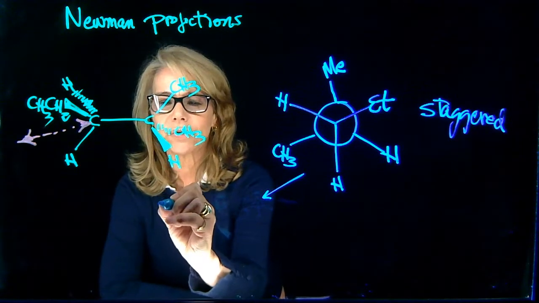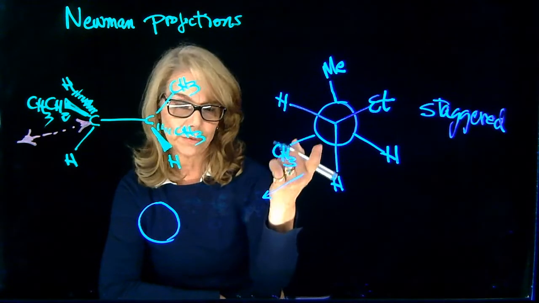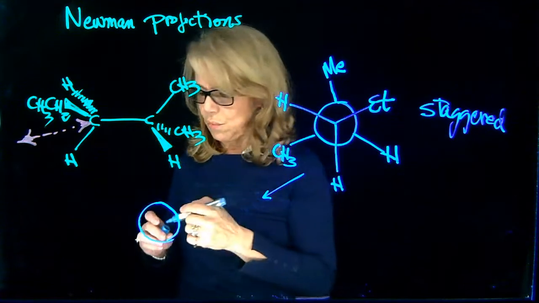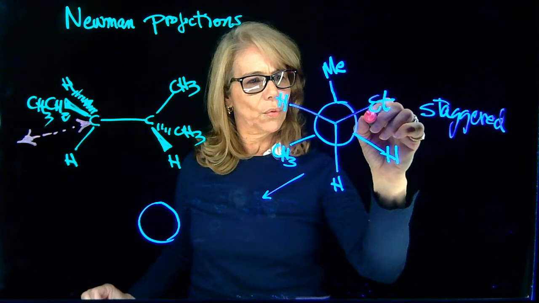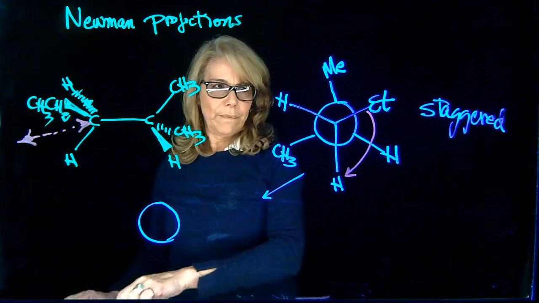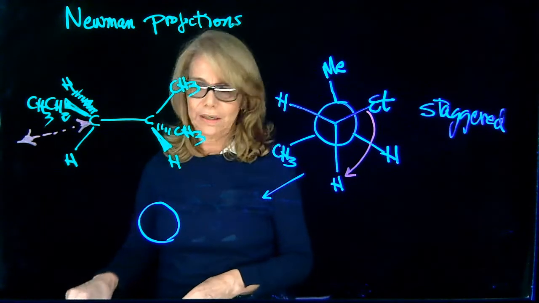But I'm just going to draw another conformation of this. To do that, I'm going to make a rotation, say that I want to put the ethyl over here. So I'm going to do a 120-degree rotation, and let's make another drawing.